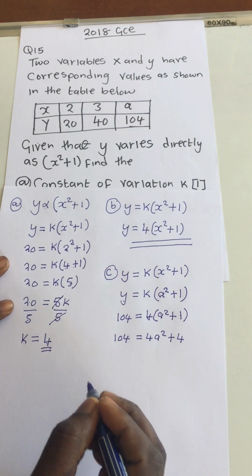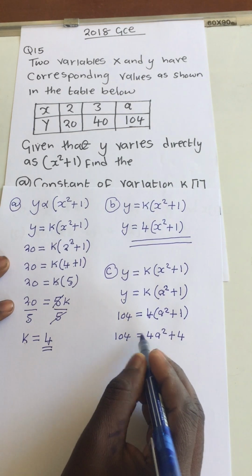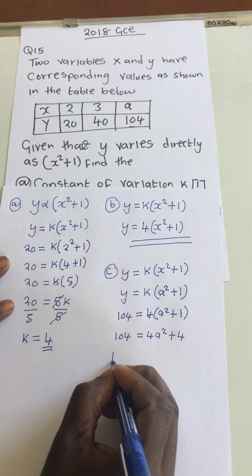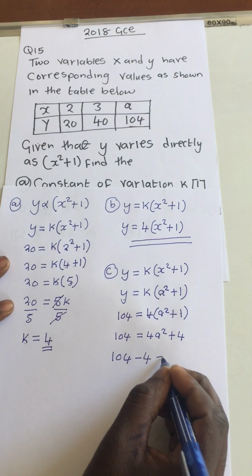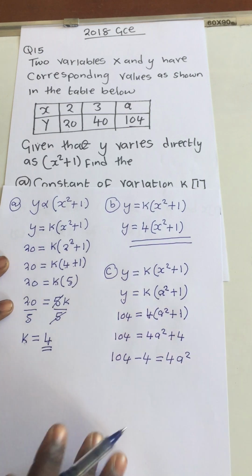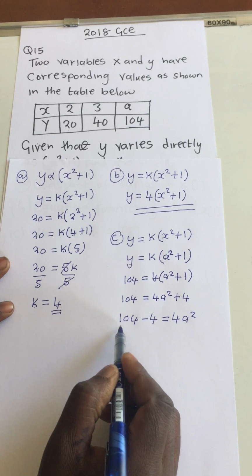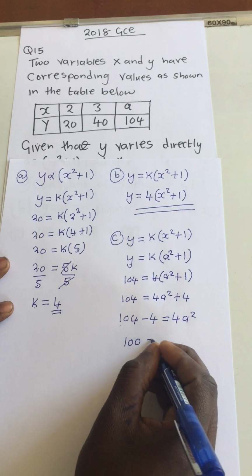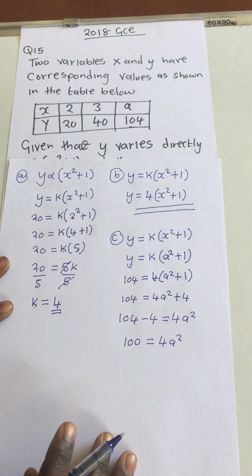Once you have reached here, you group the like terms, and you have to be careful because of the equal sign. Since it was positive, it becomes negative. So 104 minus 4 is 100, equal to 4a squared.